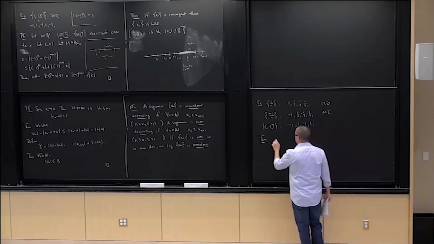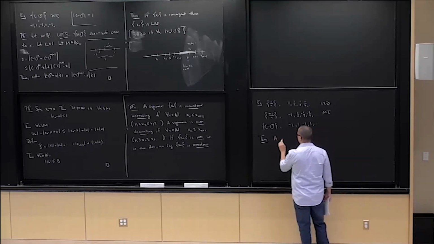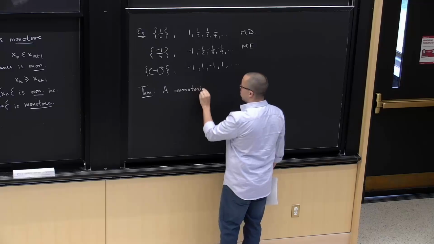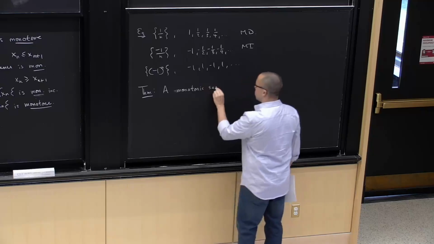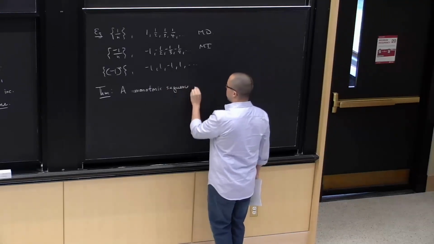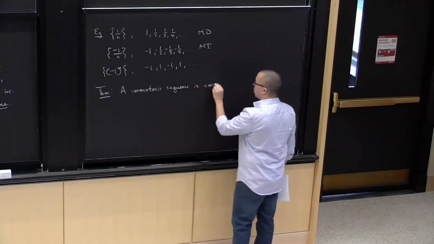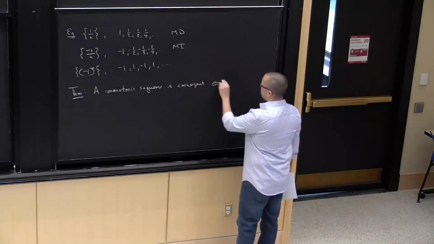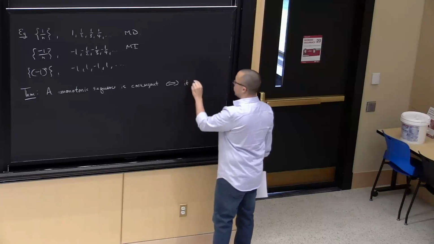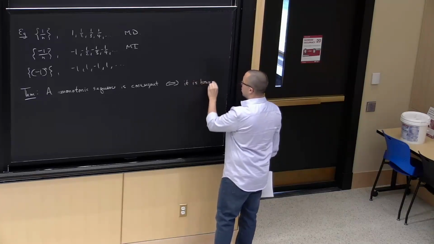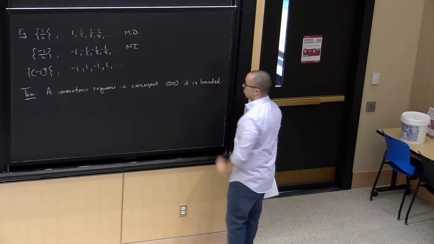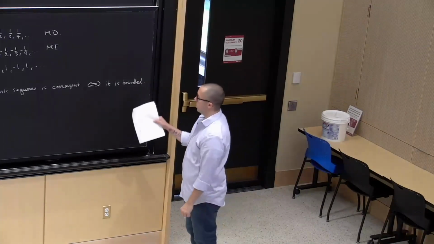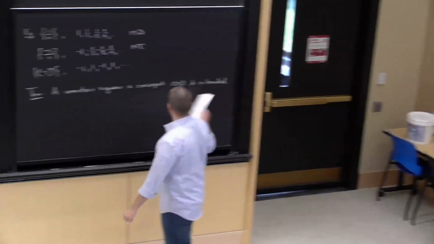So a monotonic sequence is convergent if and only if it is bounded. Okay, so we proved a minute ago that convergent sequences are bounded. So for monotonic sequences, the converse holds.